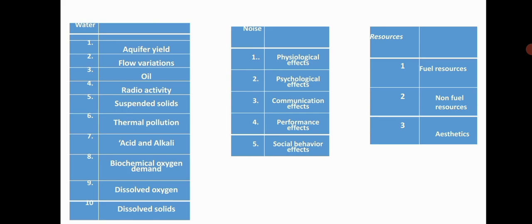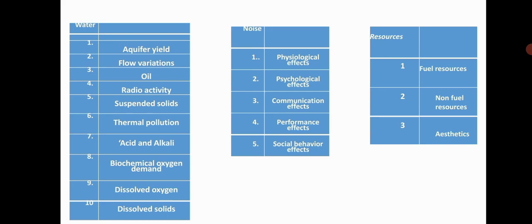The aquifer yield, flow variations, oil, radioactivity, suspended solids, thermal pollution, acid, alkali, BOD, COD, DO, and dissolved solids are the factors of water. That is, these are the factors which influence the quality of water.